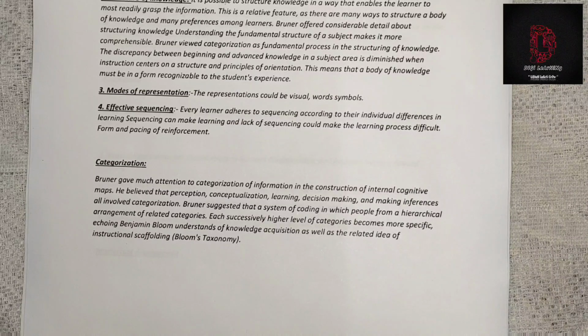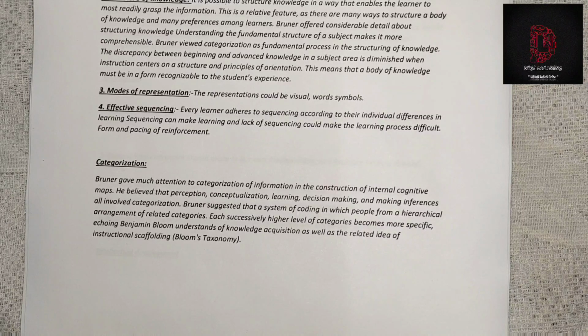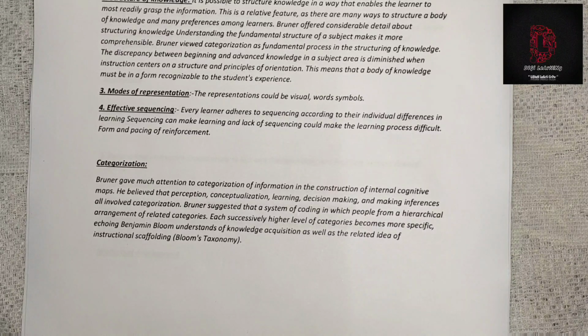Bruner suggested a system of coding in which people form a hierarchical arrangement of related categories. Each successively higher level of categories becomes more specific, echoing Benjamin Bloom's understanding of knowledge acquisition as well as the related ideas of instructional scaffolding, which we also call Bloom's taxonomy.